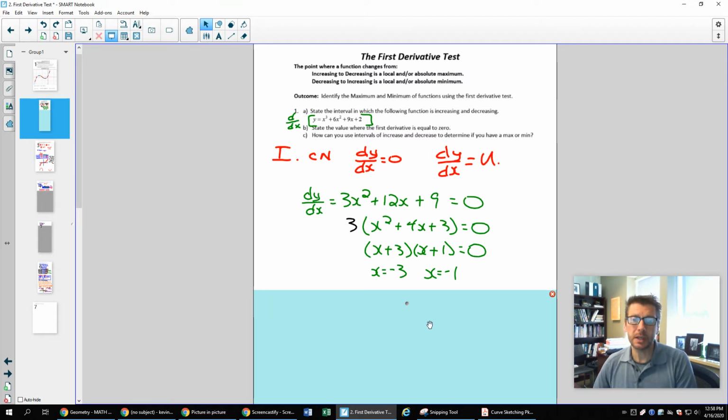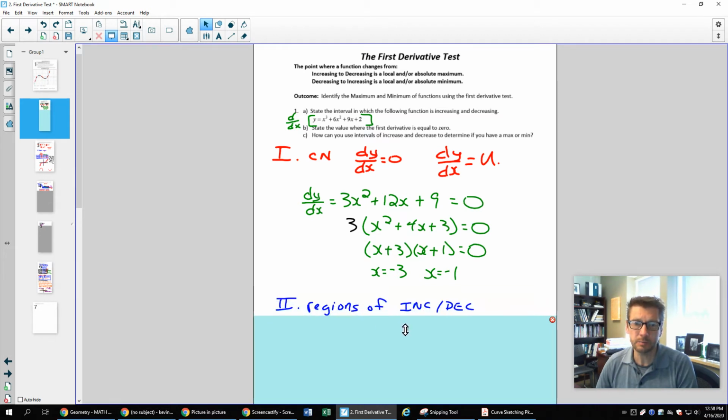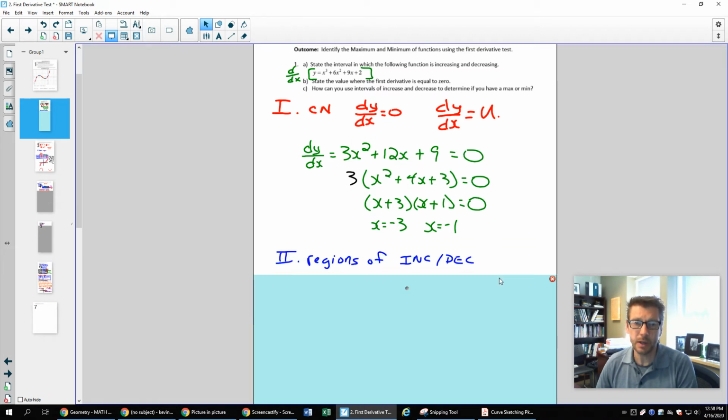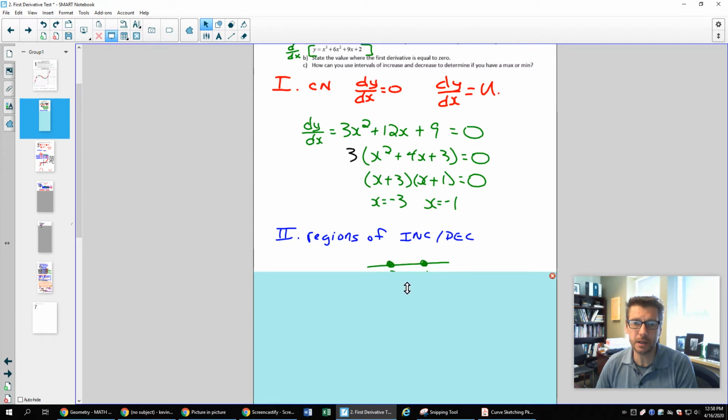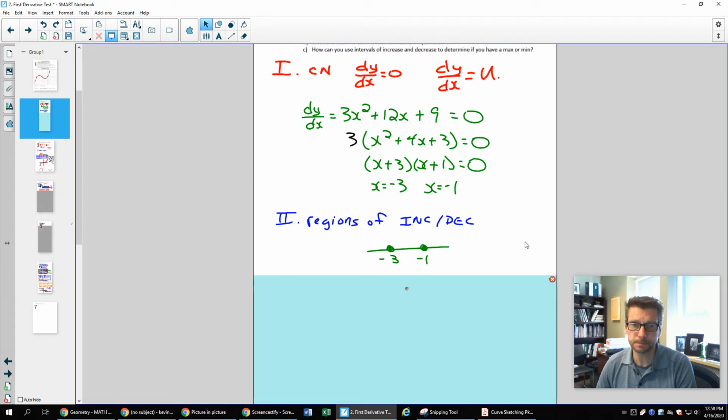So if we think about regions, and if you were to go back and look at the graph we had on the previous part of the slide, we're going to divide our number line into 3 different regions. We have a region to the left of -3, a region to the right of -1, and the region in between. The reason we have -3 and -1 is that's where the slopes were zero.